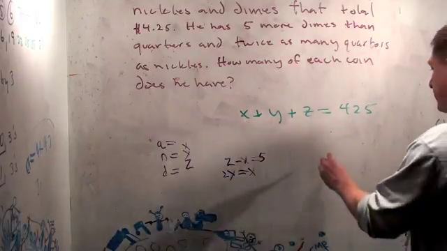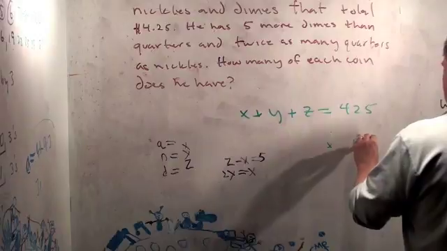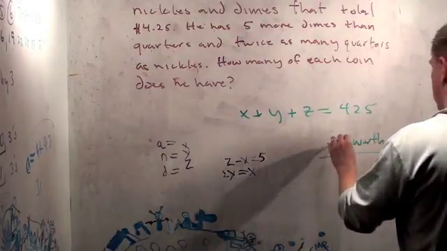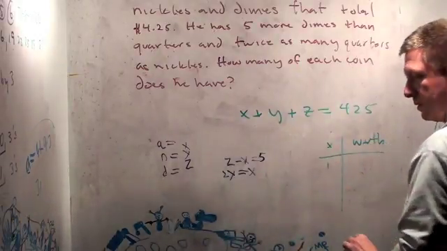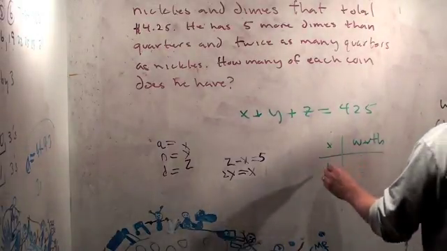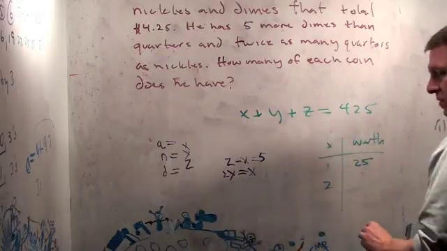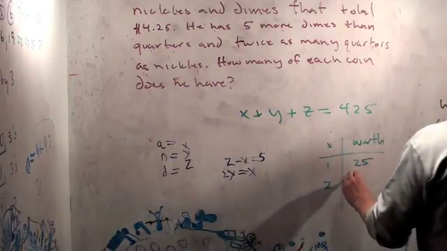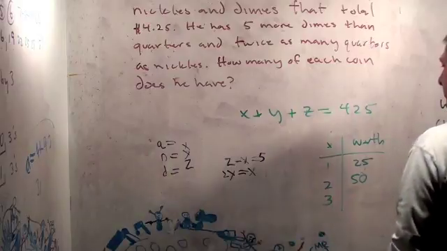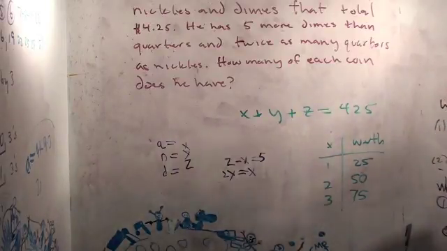If X equals 1, what's it worth? A quarter is 25 cents. If X is 2, it would be worth 50 cents. If X is 3, it's 75 cents. How are you figuring that out every time?